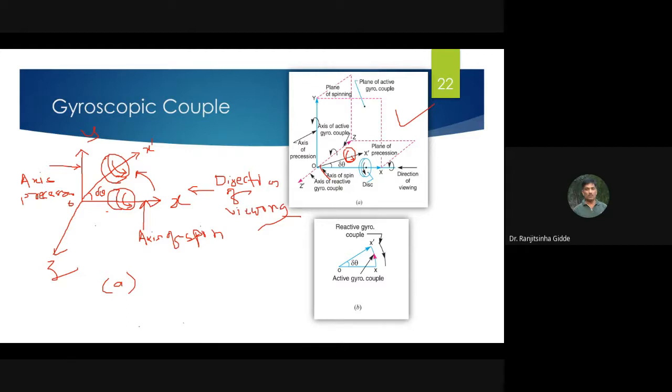Okay. So after that sentence, whatever figure I am drawing, you can draw this figure.